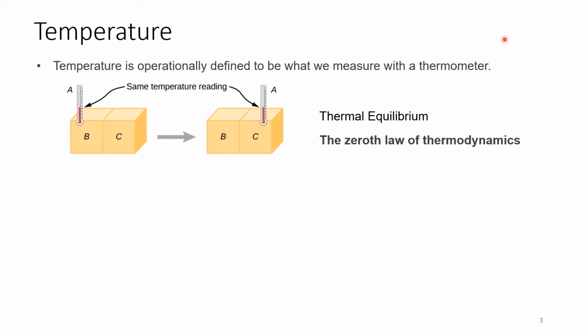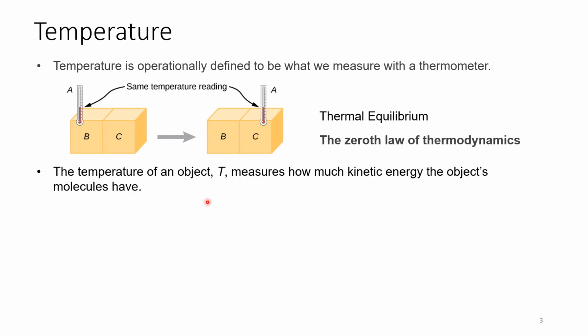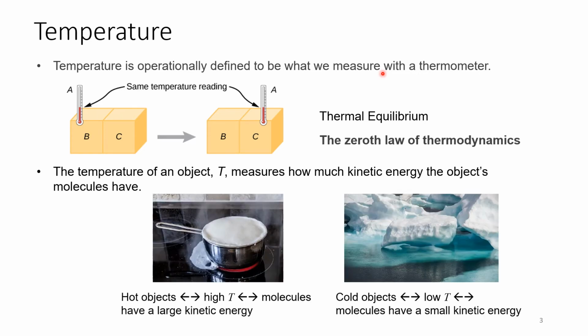More accurately, the temperature of an object measures how much kinetic energy the object's molecules have. For example, a hot object has high temperature and its molecules have a larger kinetic energy, while a cold object has low temperature and its molecules have a smaller kinetic energy.